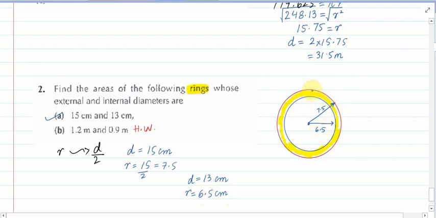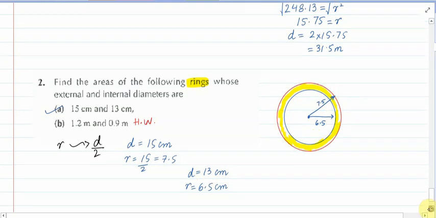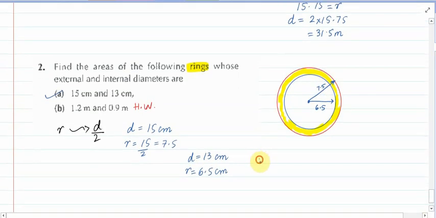Now how are we going to find the area of that shaded part? At first I will find the area of the larger circle, right? So it will be pi r square, and the radius of the larger circle is 7.5. So it will be 7.5 square multiplied by pi, it's 176.7, right?